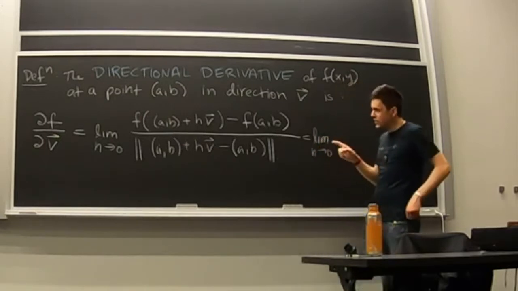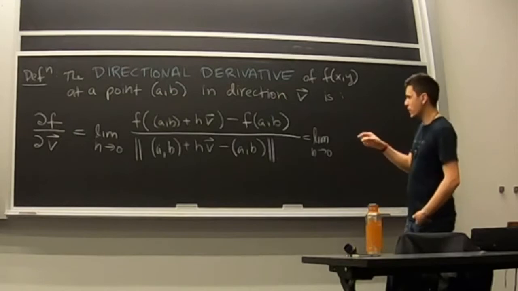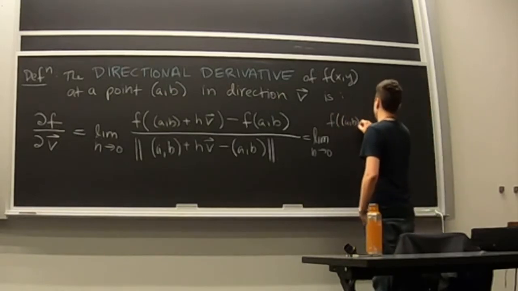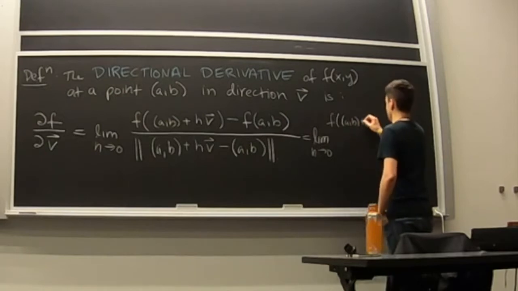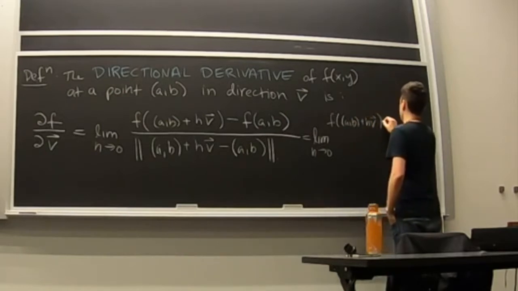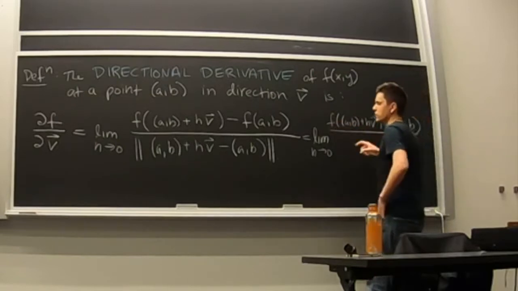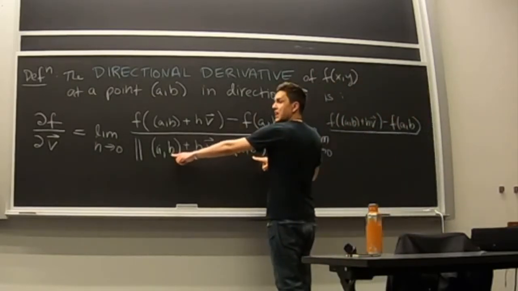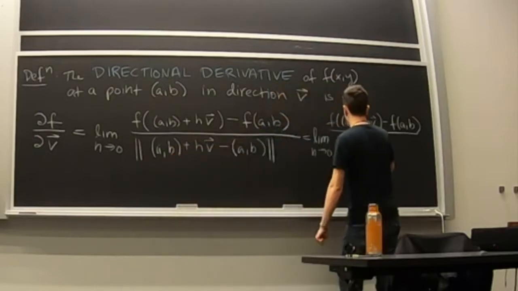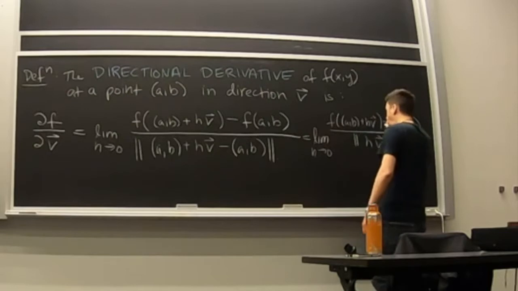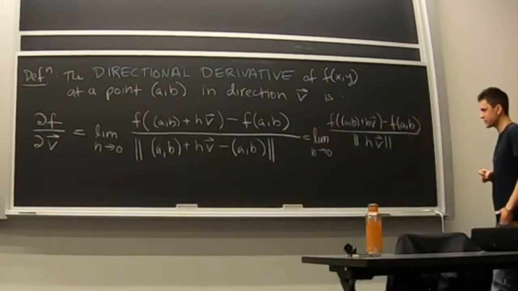We make them have unit length so that when we calculate as follows, these (a, b)s cancel out, and we're left with hv.